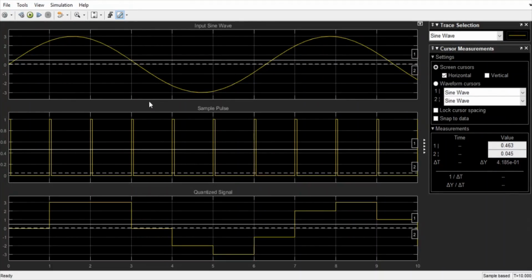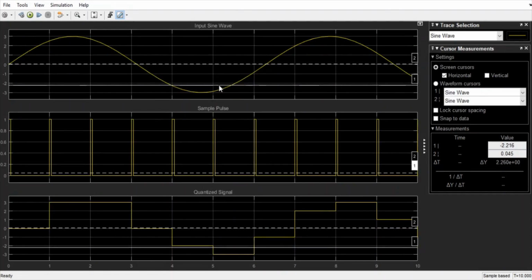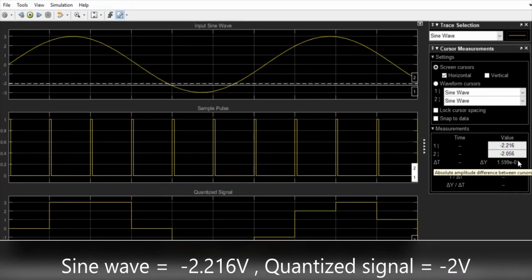Now we go to the next pulse, which is the fifth one. This is where the fifth pulse occurs. You move the first cursor to the fifth pulse here. You get the value for the fifth pulse of minus 2.216, and the quantized signal is minus 2.056. You just round it to minus 2.